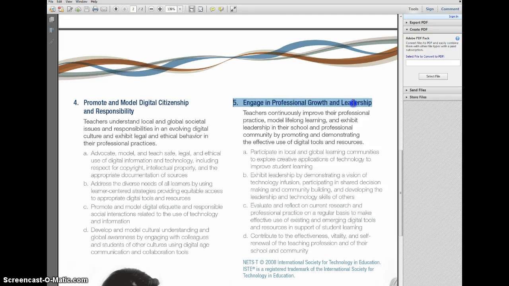And Standard 5, engage in professional growth and leadership. The 5th standard encourages teachers to continually participate in learning activities where they may extend their knowledge, where they may acquire new skills in order to bring those back to the classroom to improve the caliber of learning they provide their students.